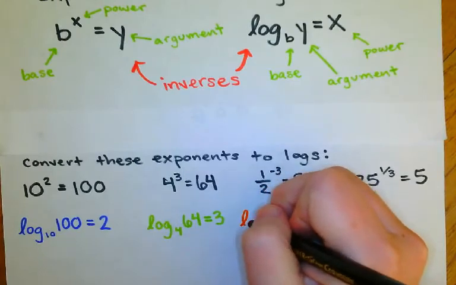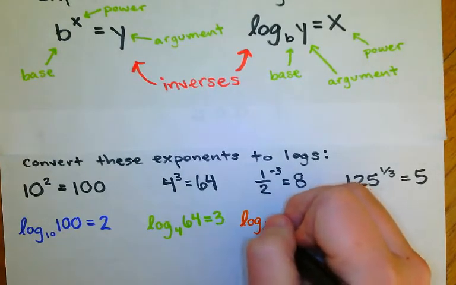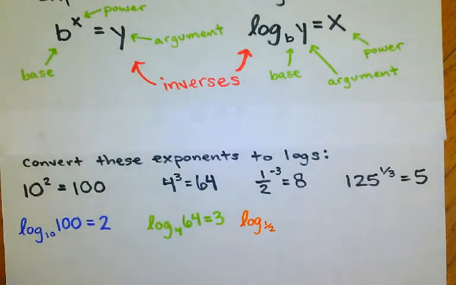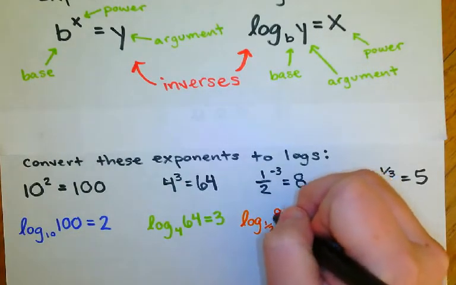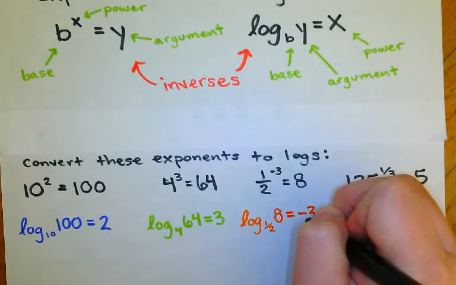All right, how about the next one? Start with your log. What's your base? Yeah, it's a fraction. It's okay that it's a fraction. You can either write it as a fraction, 1/2, or you could write it as a decimal, 0.5. All right, what comes after your base? The argument is 8, and it's equal to our power, -3.